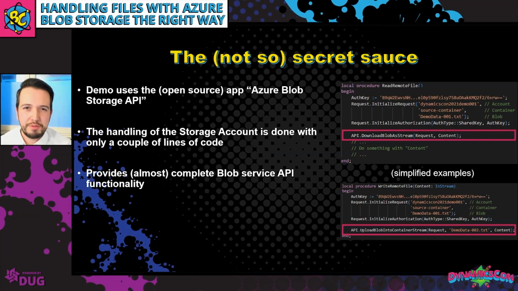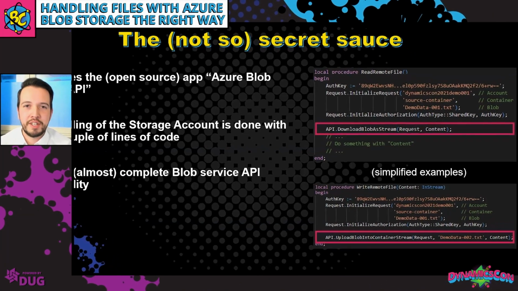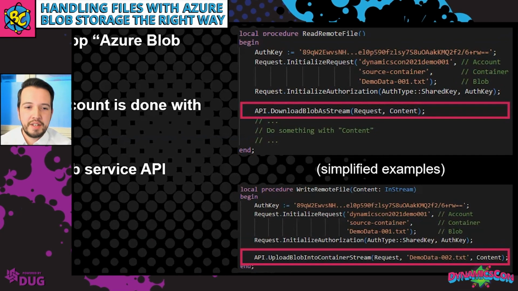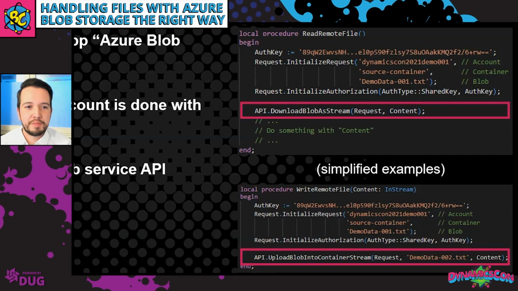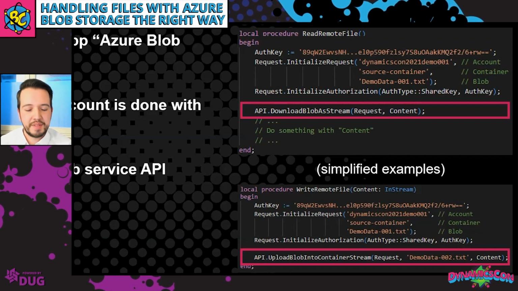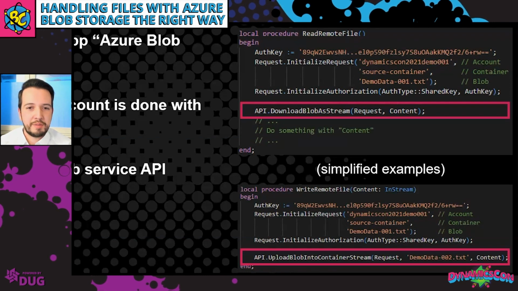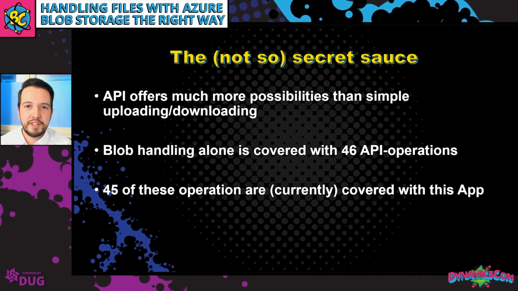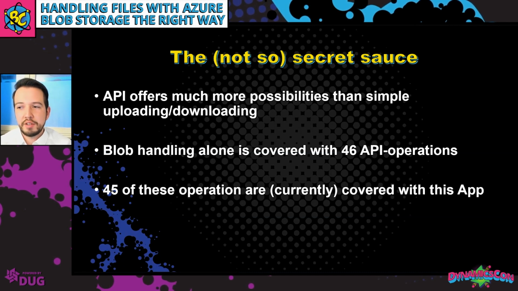So the actual work is done with only 1 line of code to upload or download a file. And of course, this app offers much more than just uploading and downloading. In total, Microsoft provides 46 operations for this API, and 45 of these are currently covered in this app.